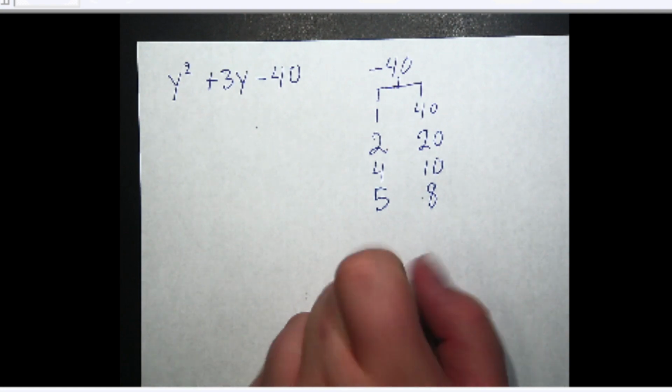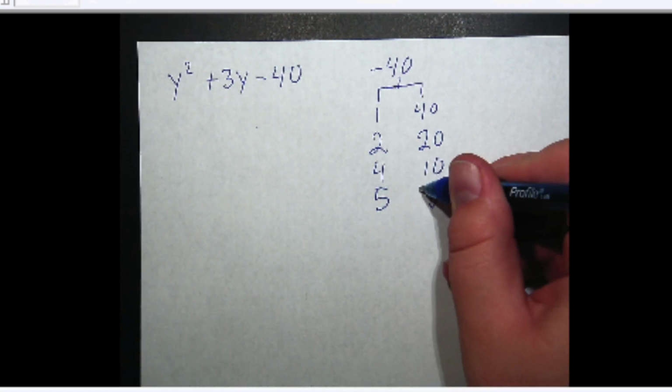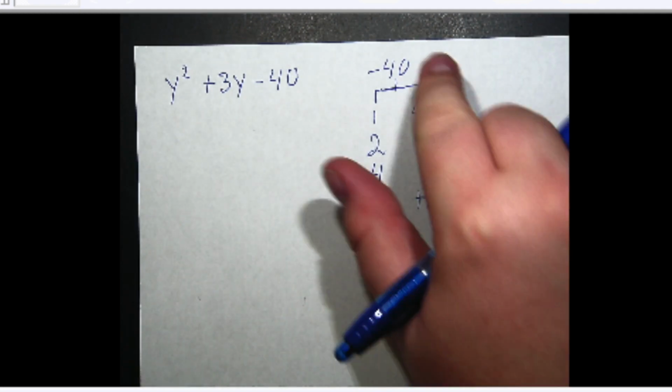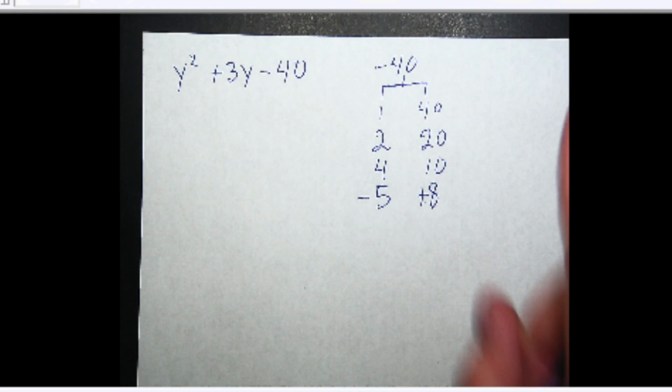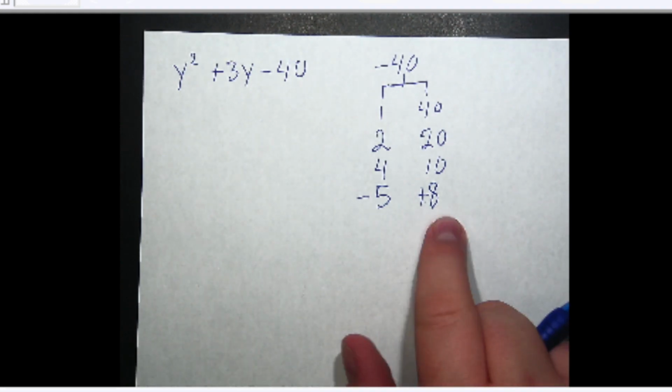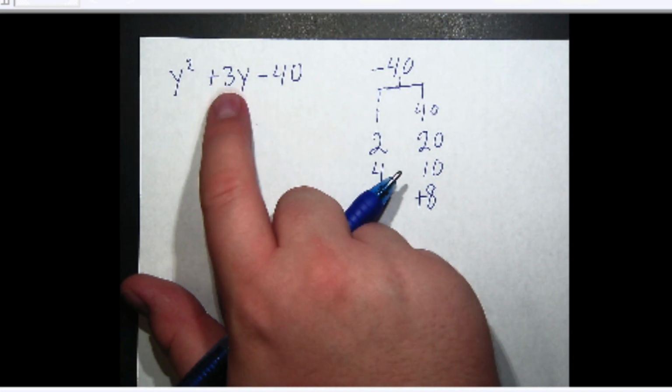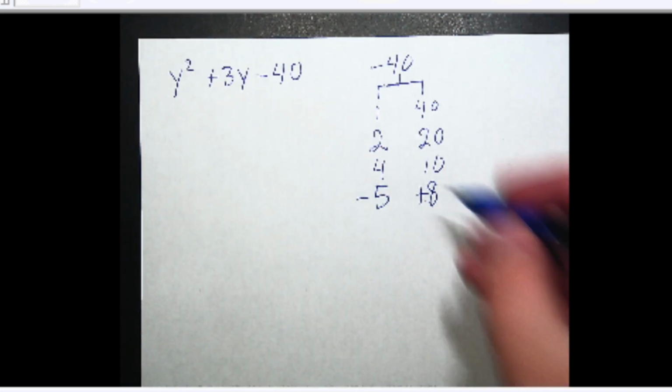The difference of 4 and 10 is 6. So that's 5 and 8. There we go. So if we make 8 positive and 5 negative, those multiply to get negative 40. But if we add them, negative 5 plus 8 gives us the positive 3 we're looking for. So there we go.